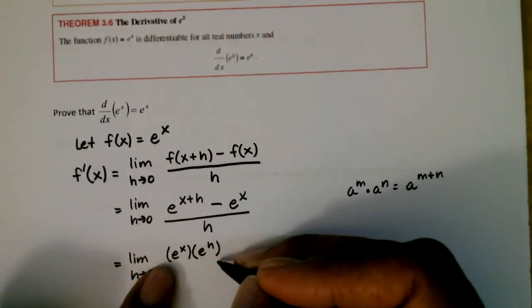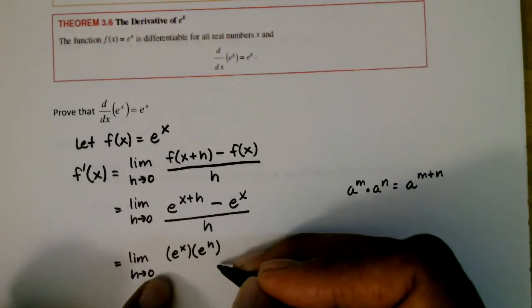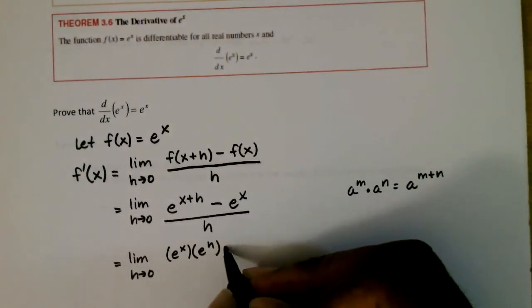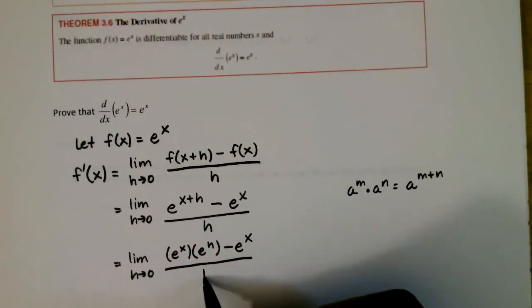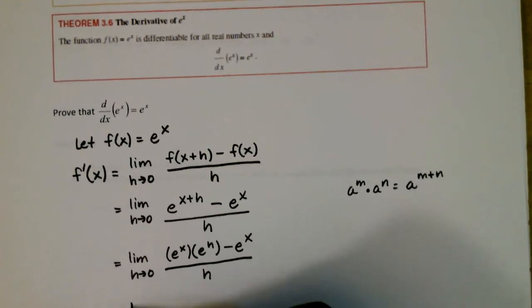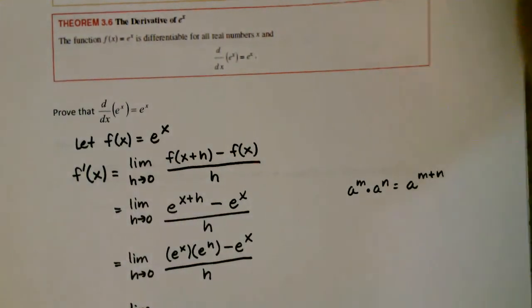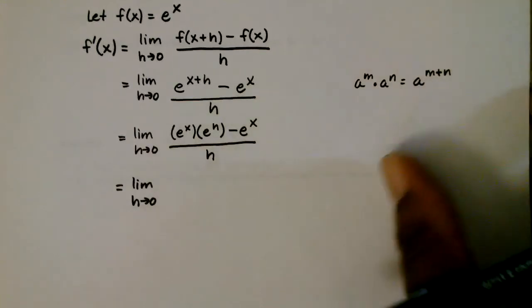Well, this is the same as this, so I'm just working backwards here on this problem. And then I'm going to bring down minus e to the x. All that will be over h. And now the limit as h approaches 0. I always bring that down because I haven't taken the limit yet.